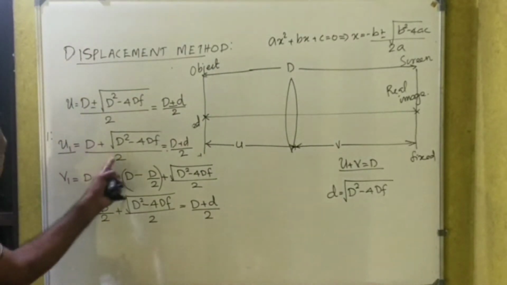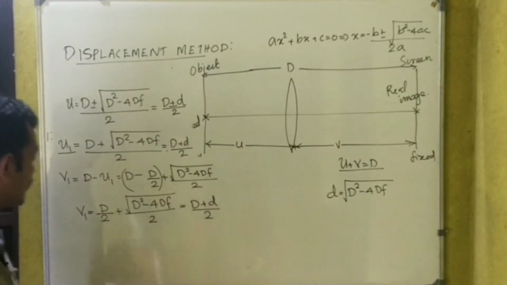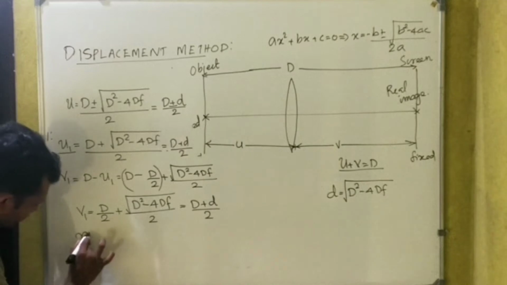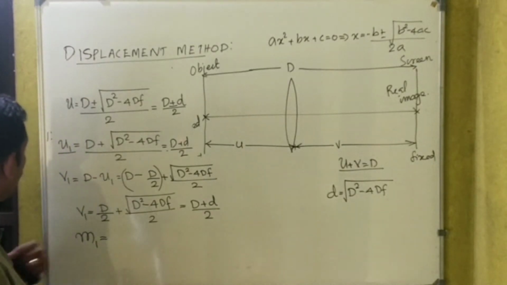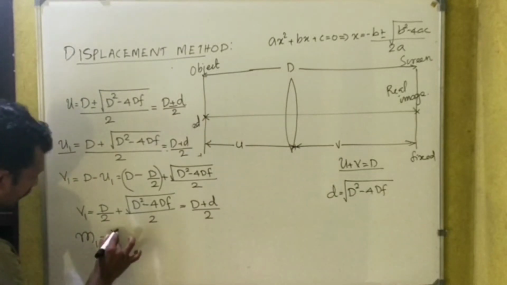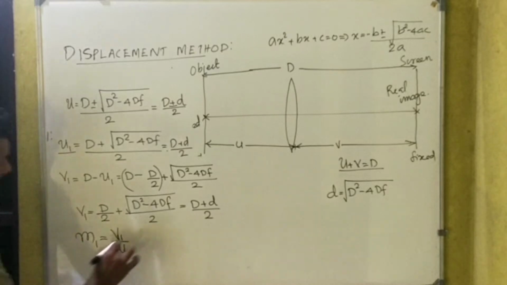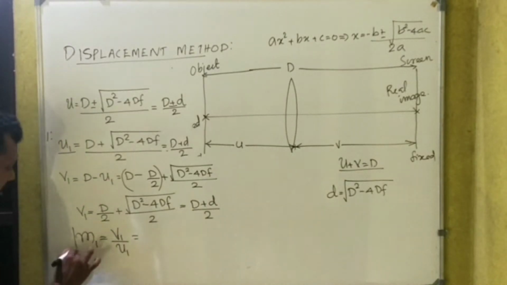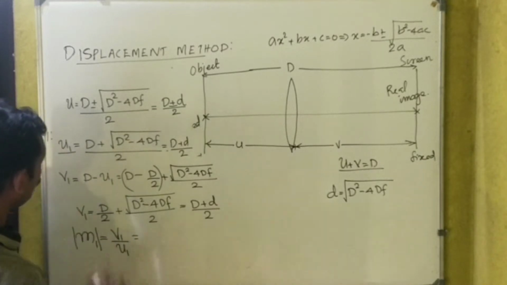So this is the first case I am saying. u1 is equal to D plus small d by 2, and v1 is equal to this thing we got. Now the magnification in this case, m1 is equal to v1 by u1. In this case, I am just writing the magnification magnitude only. So v1 by u1.